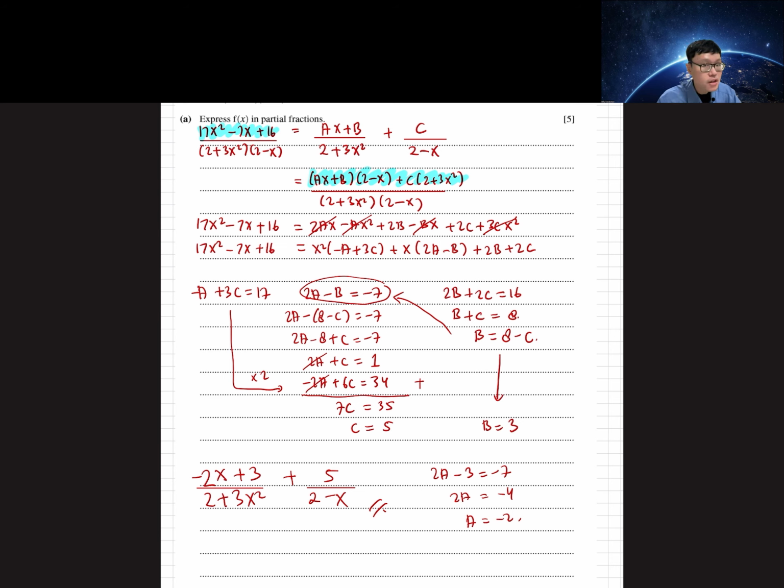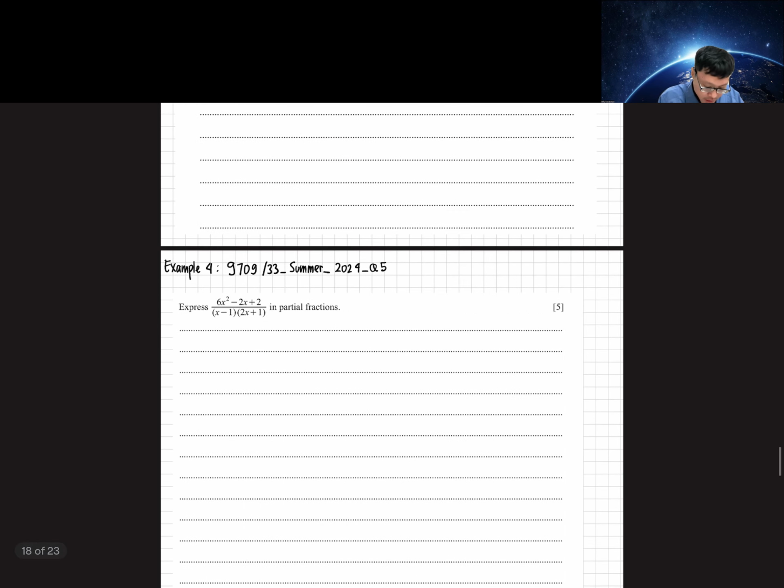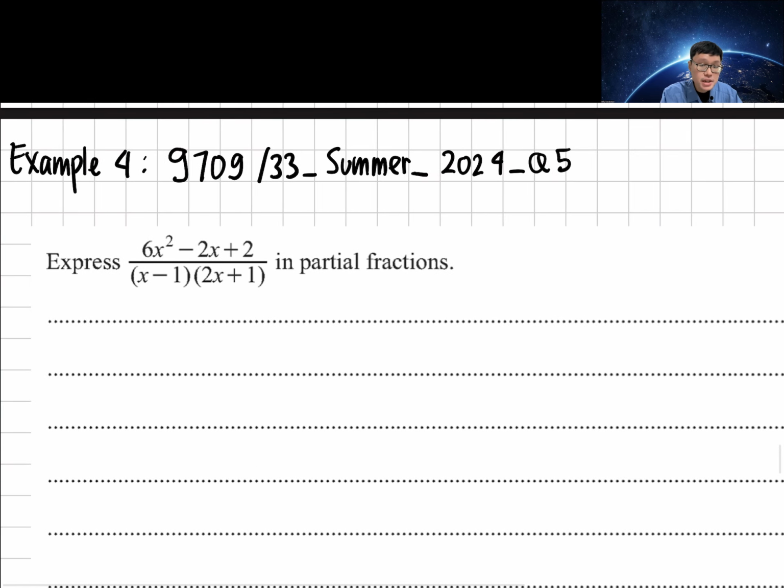Okay guys, let's move on to the last question. In the last question here, if you pay attention to the question, this is improper. So how do we decompose an improper fraction? First, you need to simplify it into a proper fraction.